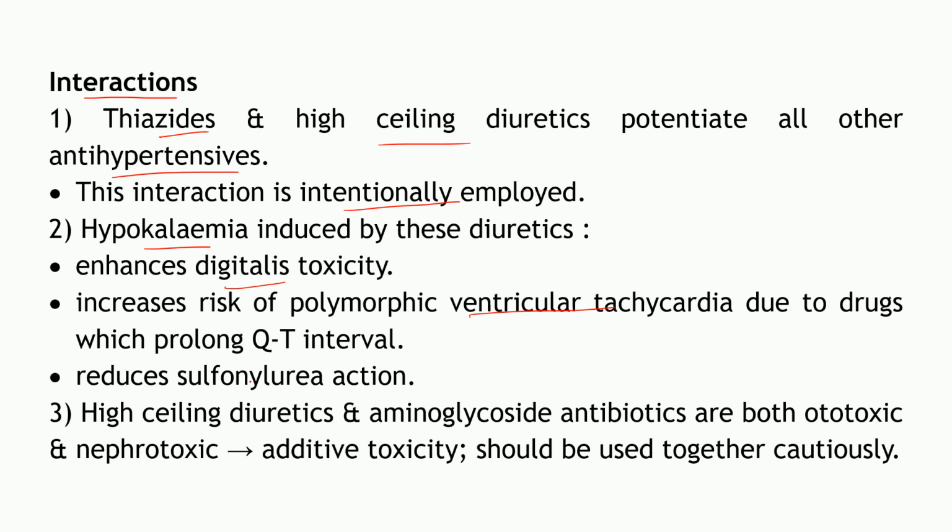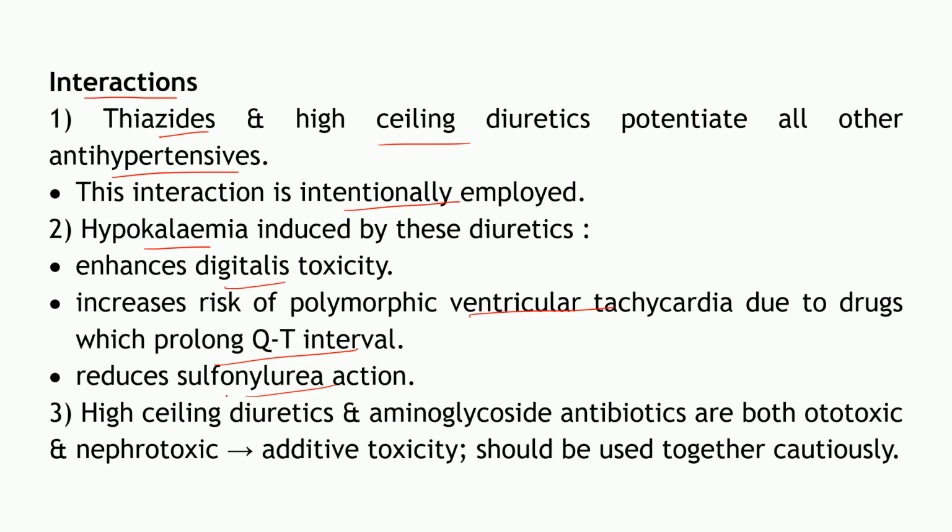So those agents which already cause prolongation of QT interval, if you combine such drugs with diuretics, there are greater chances of precipitation of arrhythmias. Also sulfonylurea action will be reduced because of the hypokalaemia, so oral hypoglycemics will not show efficacy.